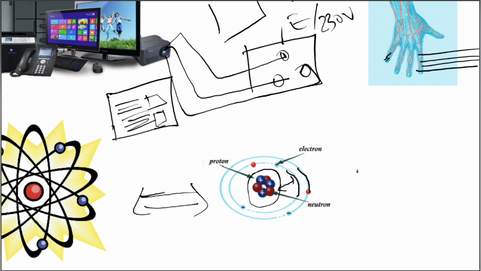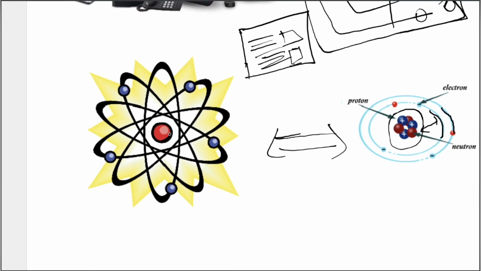Now the proton is positively charged and the electron is negatively charged, equally positive and negative. So if the number of protons and electrons is the same, then the material does not have any charge because it cancels out.